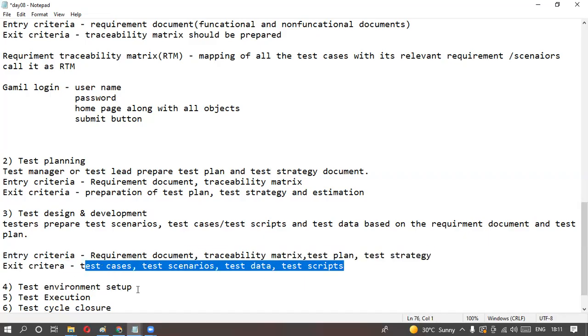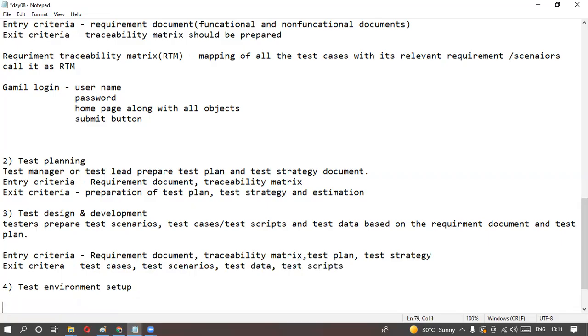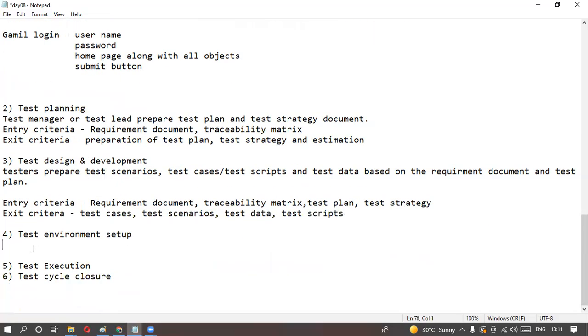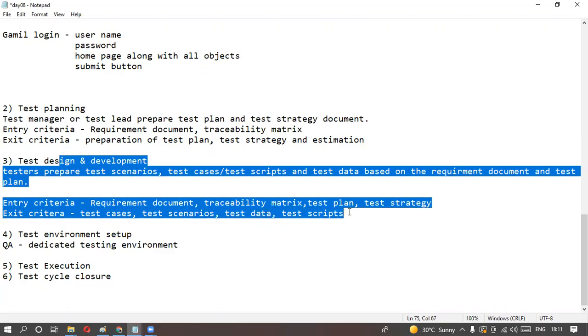Next, what is test environment? Test environment is nothing but we are having, might be in interview they will ask how many environments we have. We have like QA environment. This is a dedicated testing environment wherein the code once deployed into QA environment, you have to test all the prepared test cases.